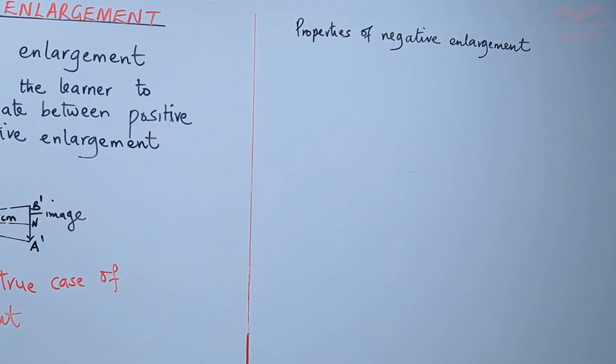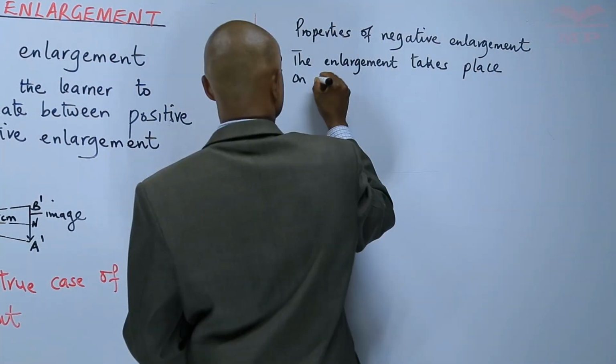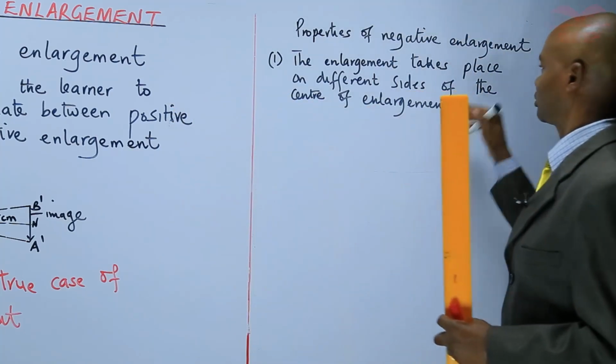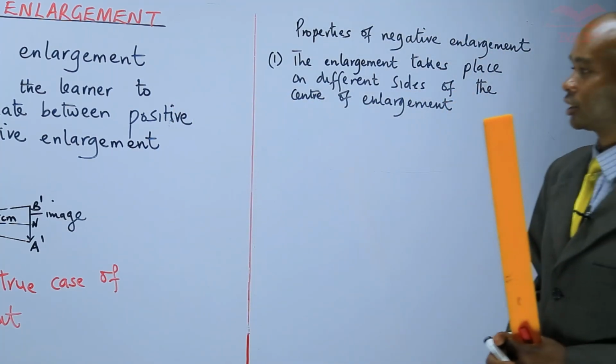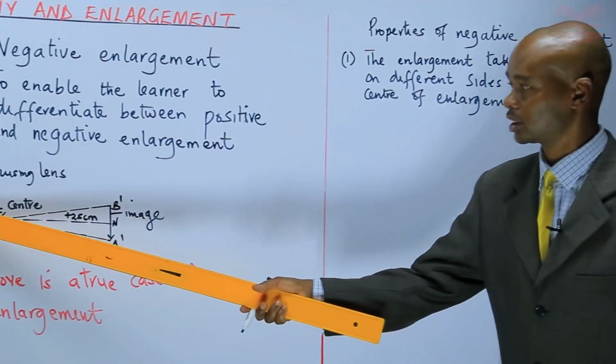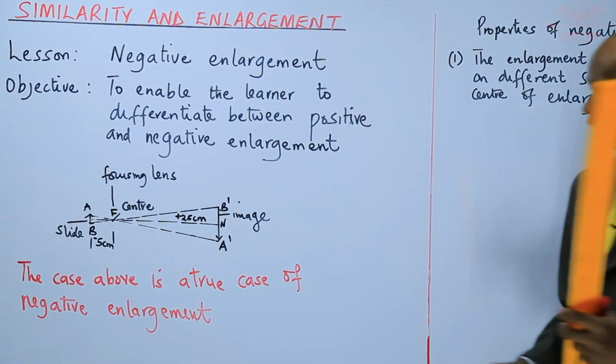So, 1, the enlargement takes place on different sides of the center of enlargement. You see the object is on the left, the image is on the right.